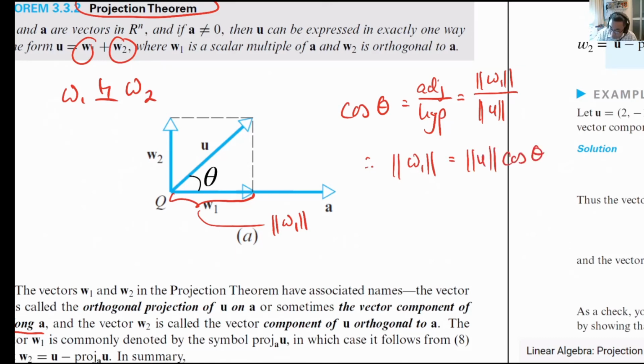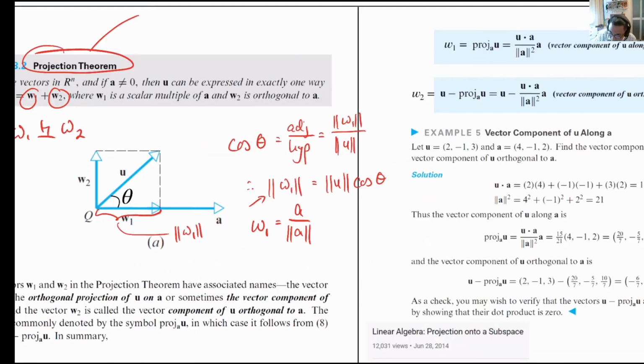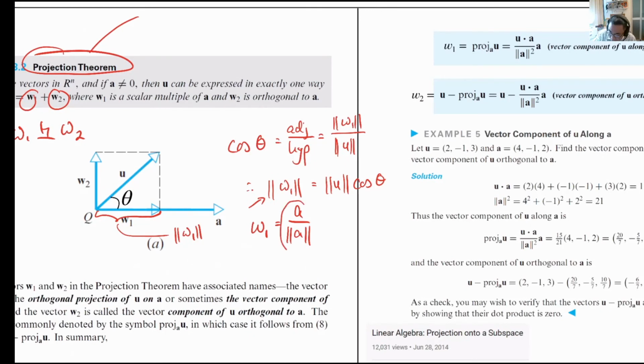Now, because we actually want to get w1 and not just the norm, we know that we are interested in the direction of A. Now, if A is not a unit length vector, what we can do is to get a unit length vector from A by dividing by its norm. And we can continue to say that now we have this direction, we multiply by the length.